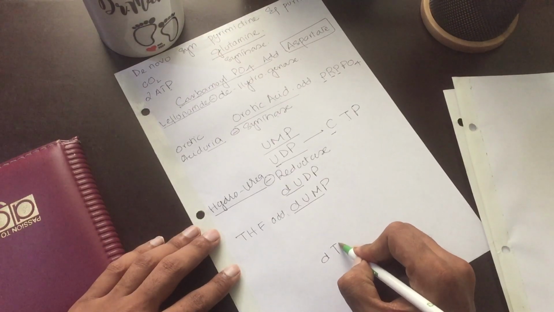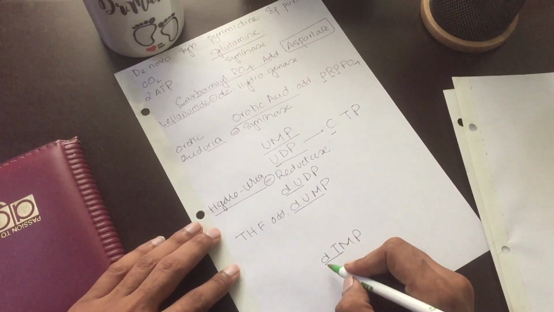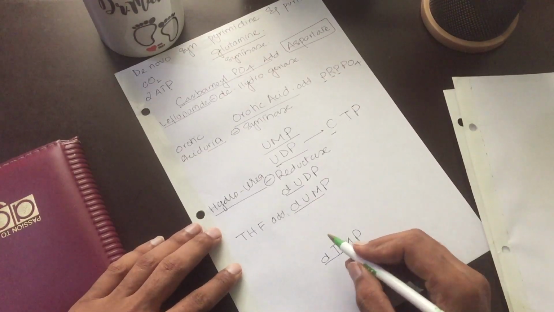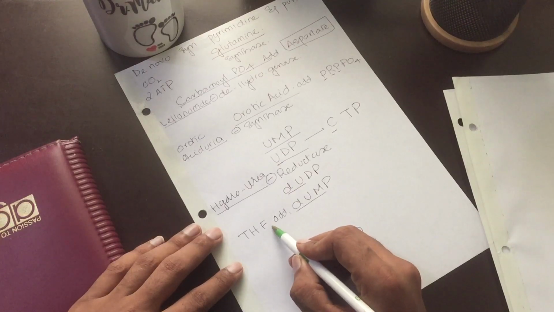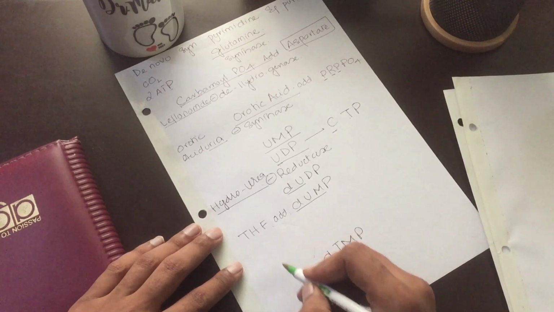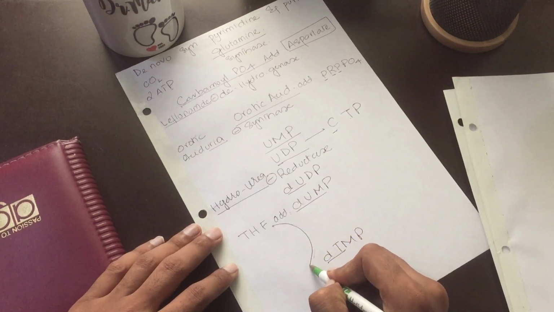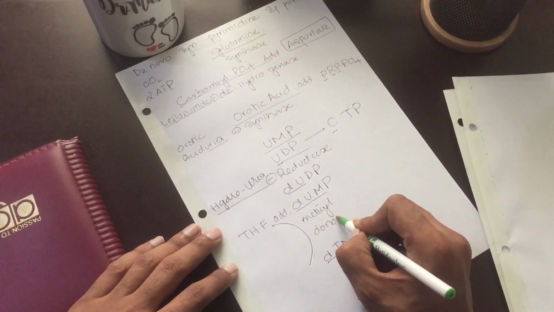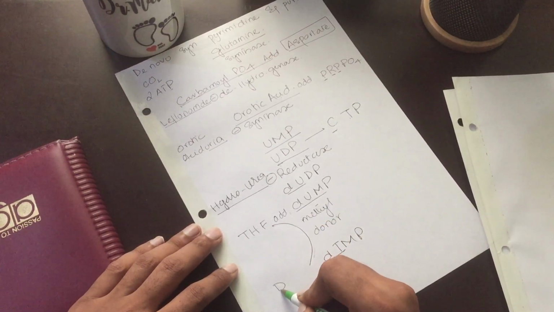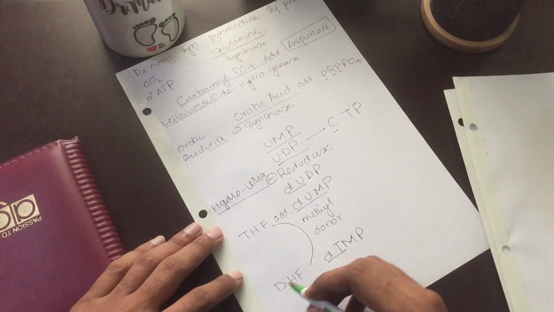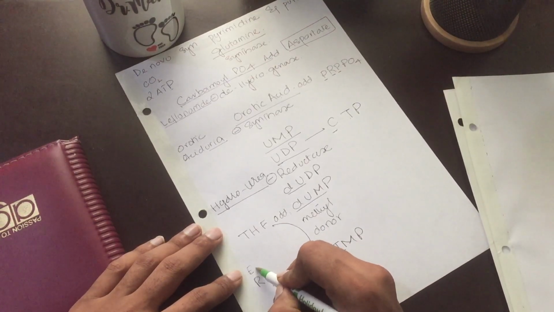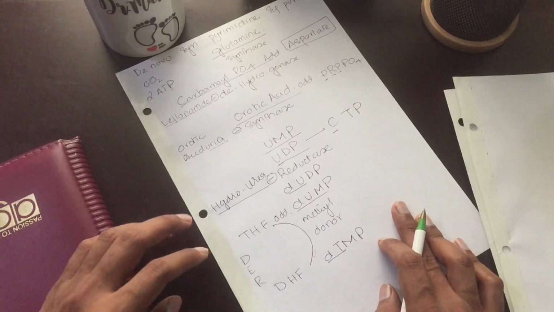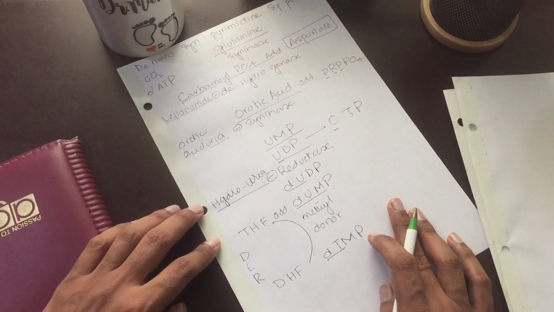deoxythymidine monophosphate. So we convert this after donating the methyl group to make thymidine. Now after giving this methyl group, the methyl donor, tetrahydrofolate is converted into dihydrofolate, which is reduced to make tetrahydrofolate again, and which then adds a methylene group to it.